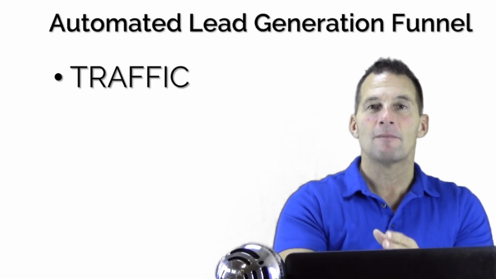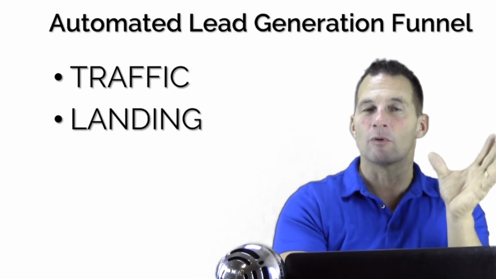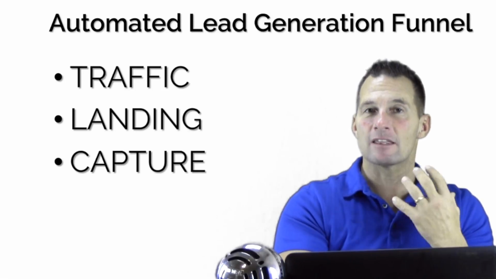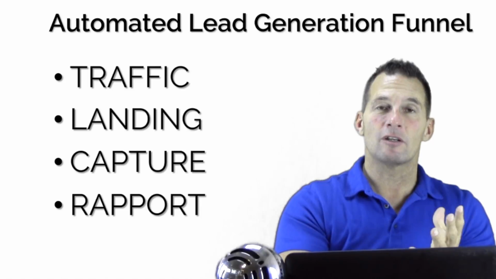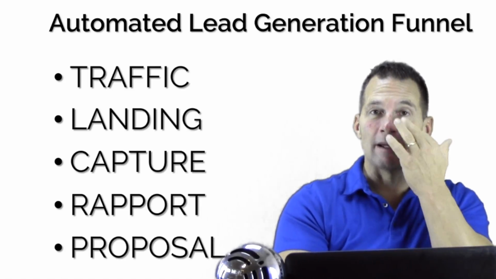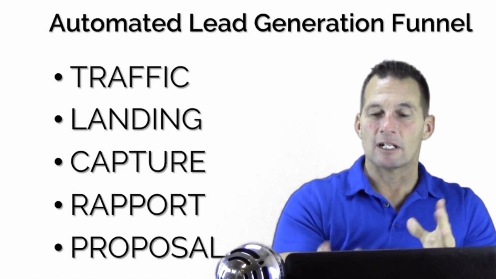The first thing I have is traffic. The second one is landing: where are these people going to go? The next thing is, after they've gone there, how do I get their information so that I can begin to build rapport and continue to communicate with them? And then how can I make my pitch, my sale, my call to action? Okay, so that's what I want to cover.